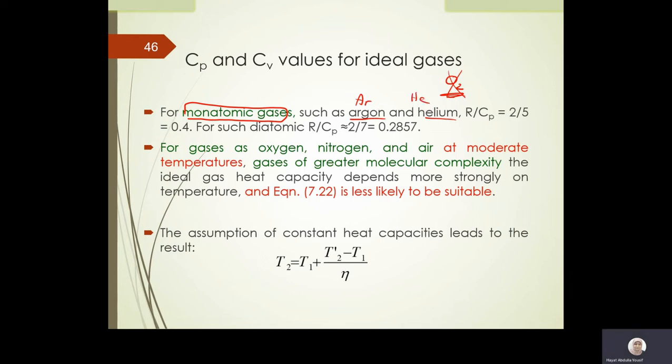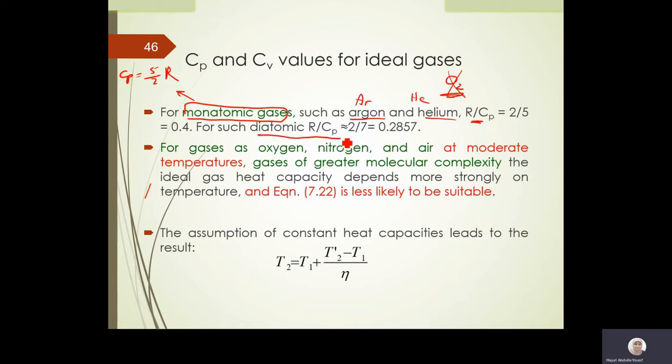With monoatomic gases, normally we consider Cp as 5 over 2 R. In other words, R over Cp is 2 over 5.